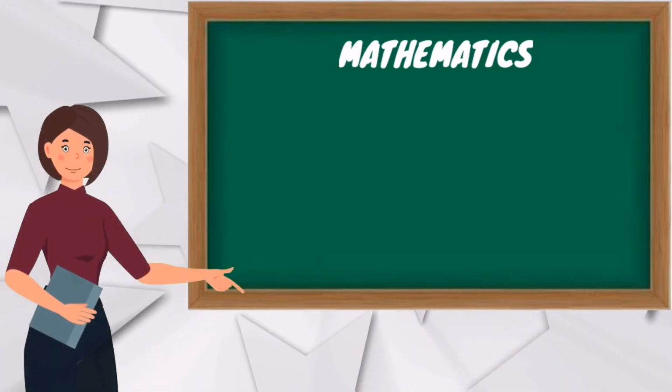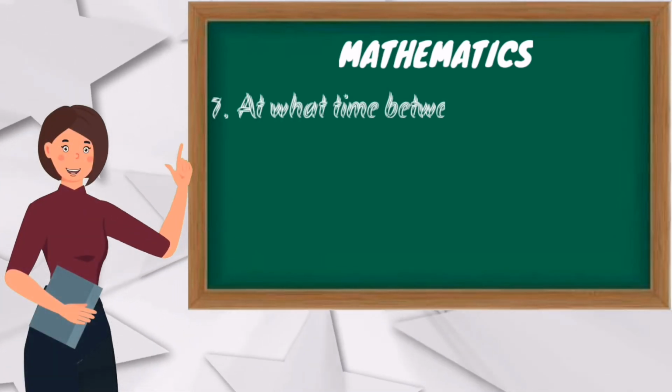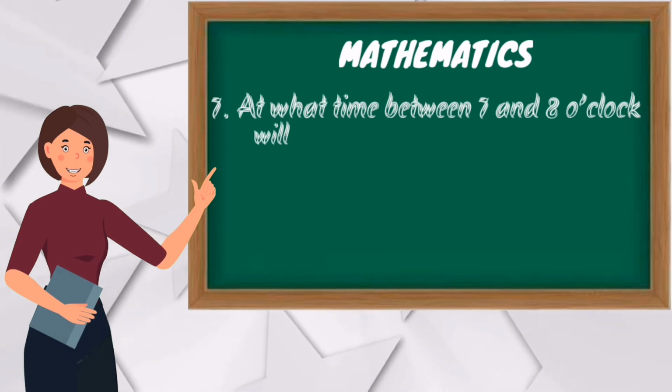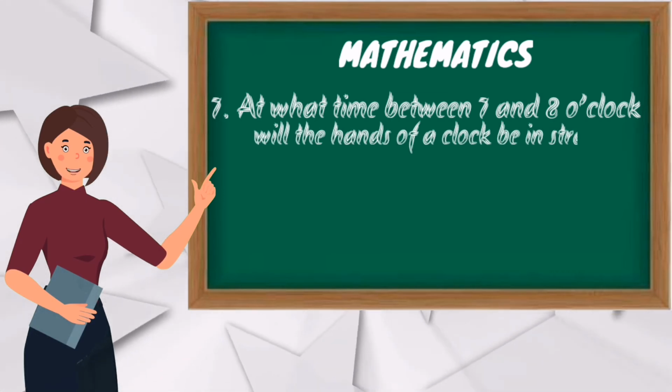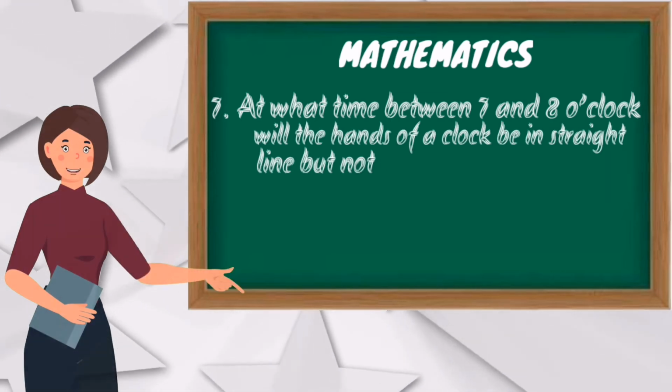Our next question is, at what time between 7 and 8 o'clock will the hands of a clock be in the same straight line but not together?